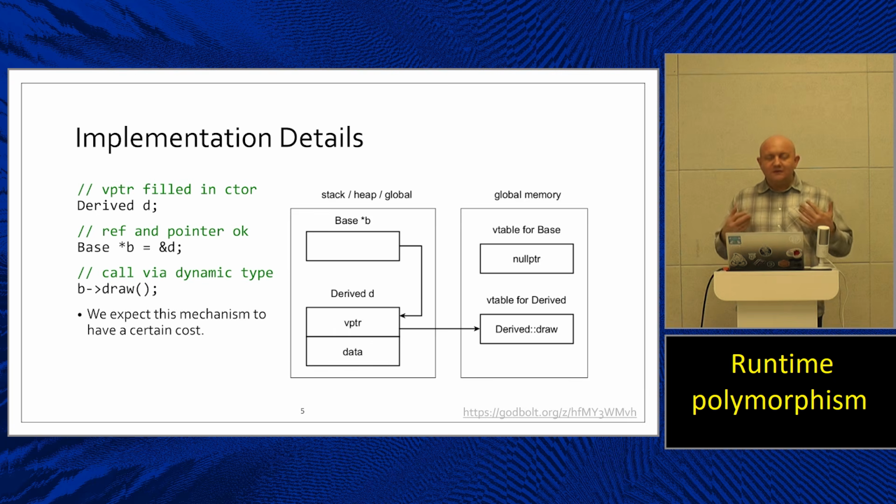If everything we need is just to call the function draw, we are not storing heterogeneous objects in a container, we are not returning different types from a function, we only need a common interface and indirect invocation. Is there a way to achieve this effect without virtual functions? Try to guess, and let me show you the answer.